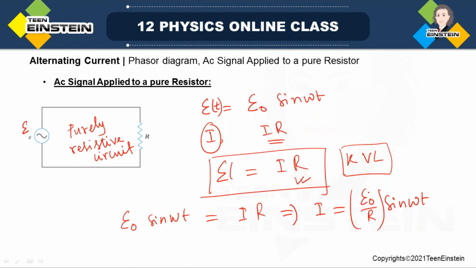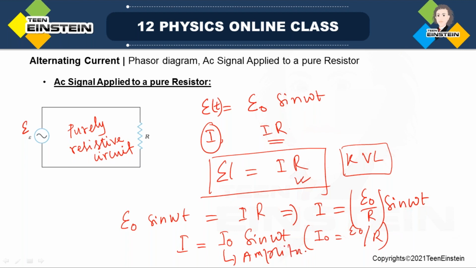E0 by R has the dimension of current, and that is the maximum value or amplitude of the current in this circuit. So I can write this as I0, or in your book it is written as Im. I'll write I0 sine omega t, where I0 is E0 by R. This is the maximum current in the circuit, called the amplitude of the current.